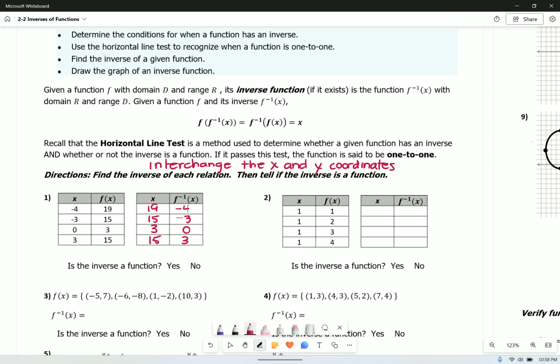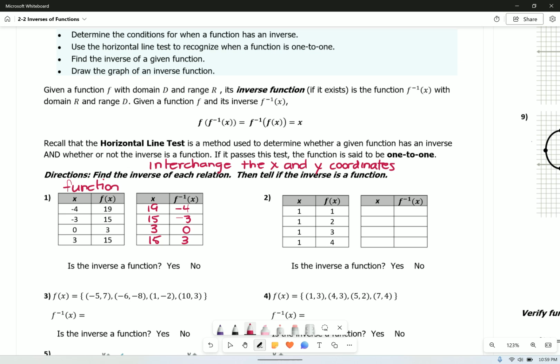Now, if you would take a second, look at this here, the f of x function. I should say, the f of x relation, is that table a relation that displays function values or not? Well, if we look at the x values, we'll notice that none of these repeat, so this is a function.